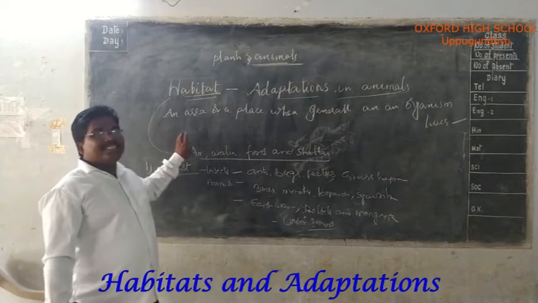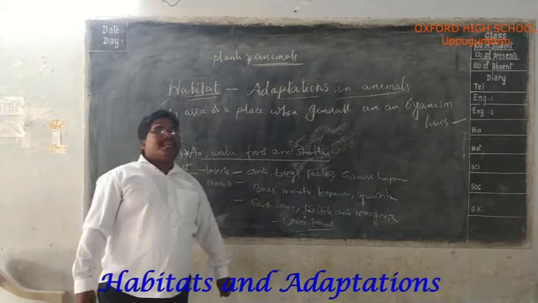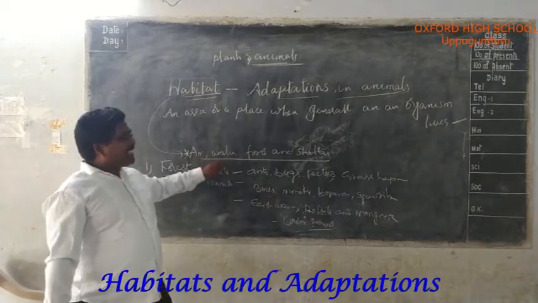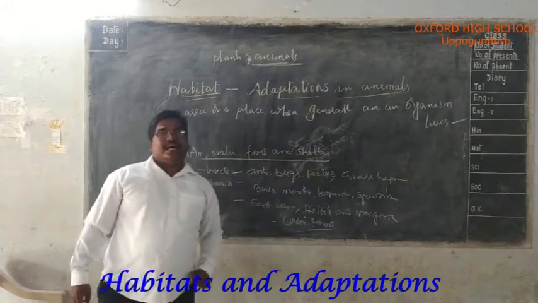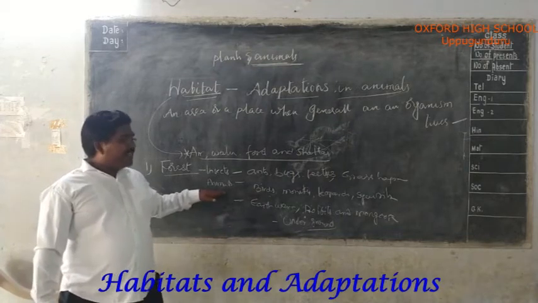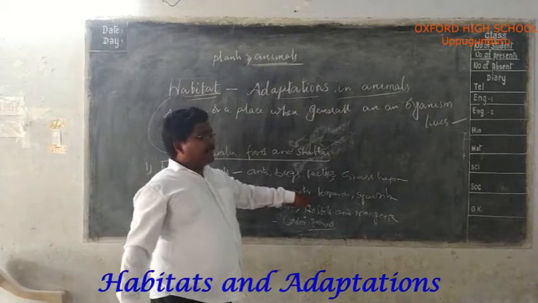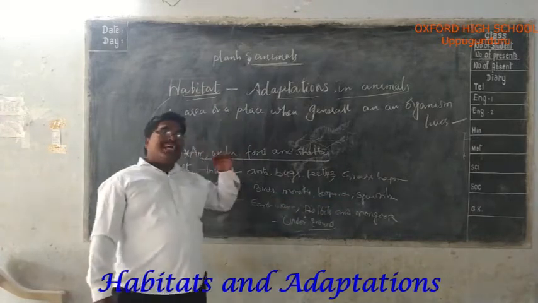So the forest is generally a large area with a wide variety of plants and animals. Insects like ants, bugs, beetles and grasshoppers are found mostly on the floor of the forest. Next, birds, monkeys, leopards, squirrels, these types of animals are found on the trees.